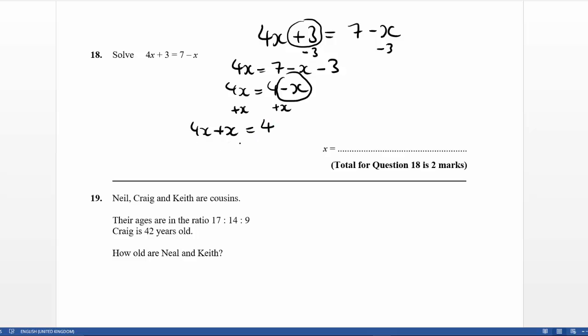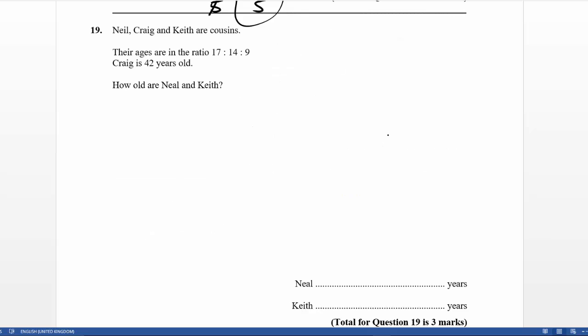So 4x add x is equal to 5x, which is equal to 4. What we need to now do is solve for x. Divide everything through by the coefficient. You should know what that means now. The coefficient of x, those will cancel. And you're just left with 4 over 5. So x is equal to 4 over 5.